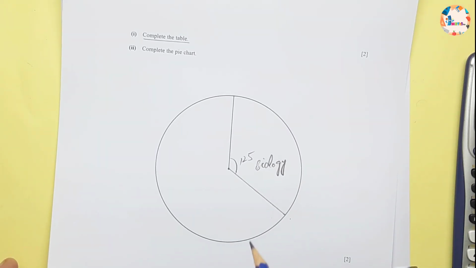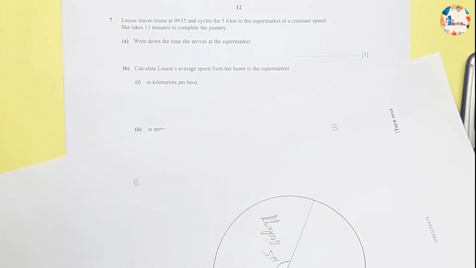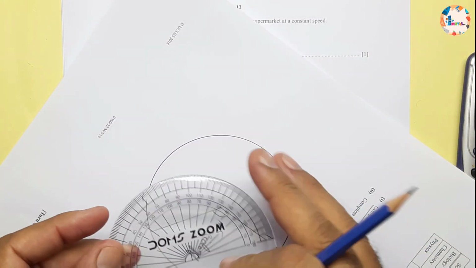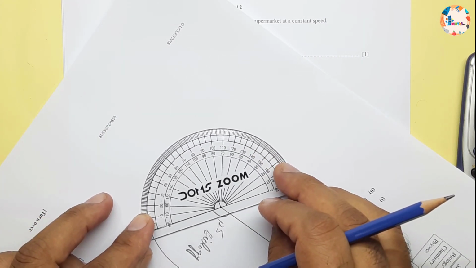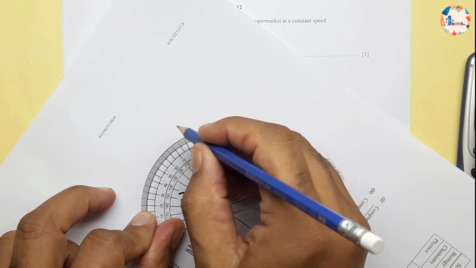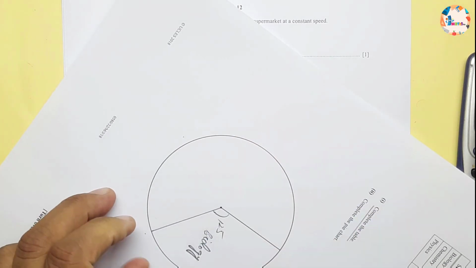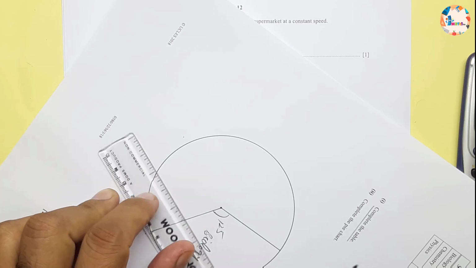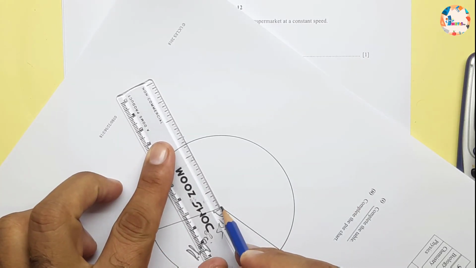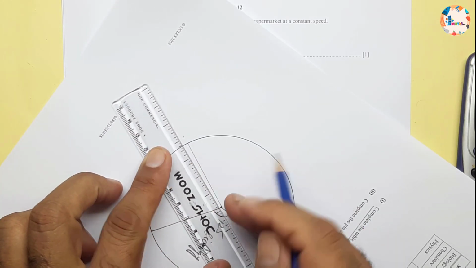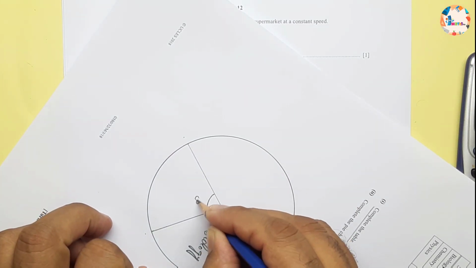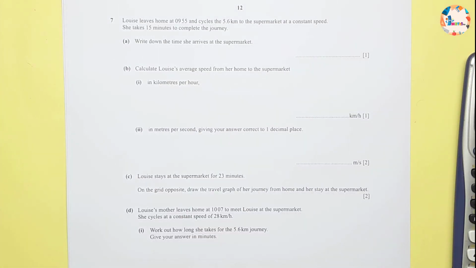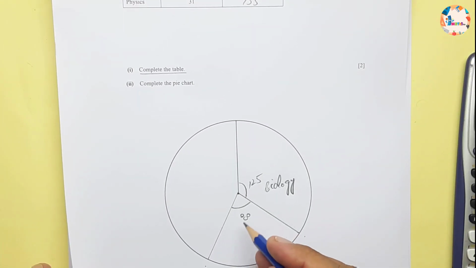Then next is 80 for chemistry. So we will move it like this, and 80 will be from here. We will be checking 80. 80 is up to this one, so we can join this, and this will be up to the circumference, and this angle is 80, and this is for chemistry.